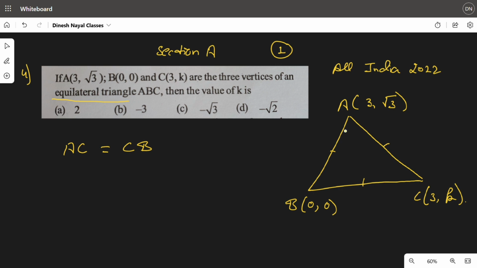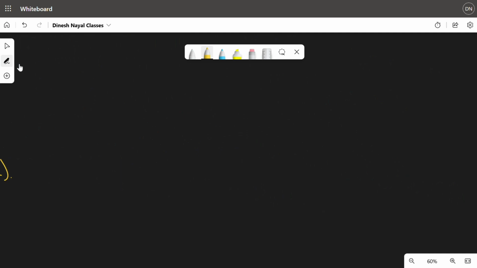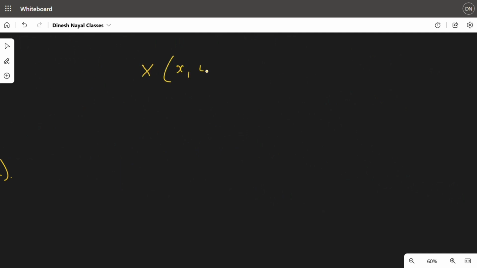Now we have to apply the distance formula. So first of all, I should tell you what the distance formula actually is. See, if you are given 2 points, consider the point X with coordinates X1, Y1, and the other point Y with coordinates X2, Y2.